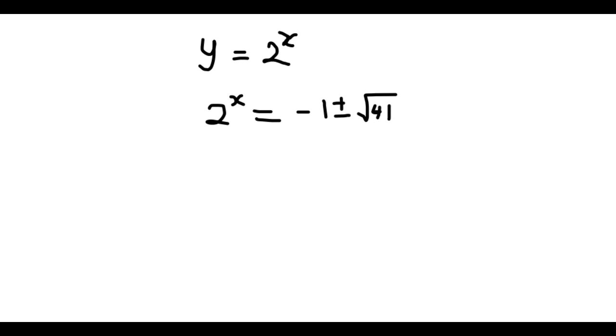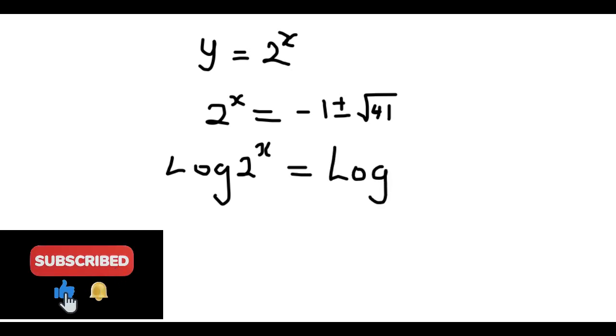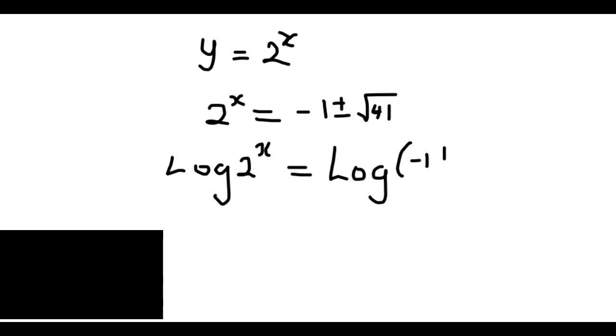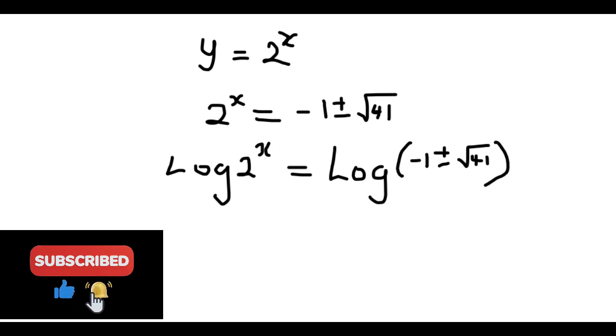So we have, taking the log of both sides, log of 2 power x equals log of, into bracket, minus 1 plus or minus square root of 41.